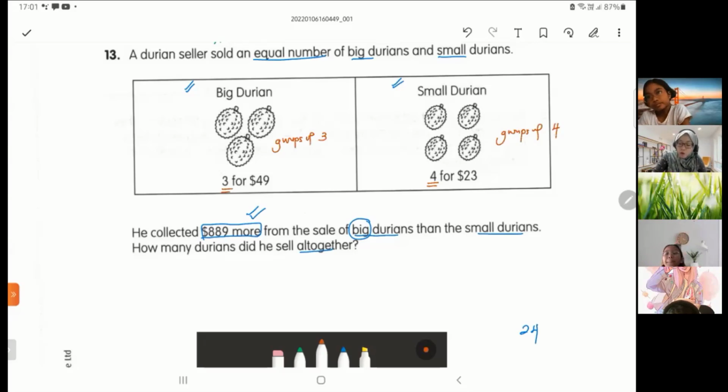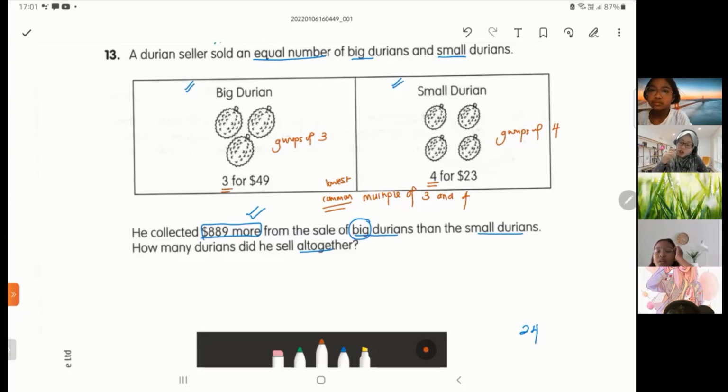I can look for the common multiple of 3 and 4, right? If you are a fast thinker, a fast student, you know that the common multiple is 12. Okay, the lowest common multiple. We look for the lowest first, the smallest first.